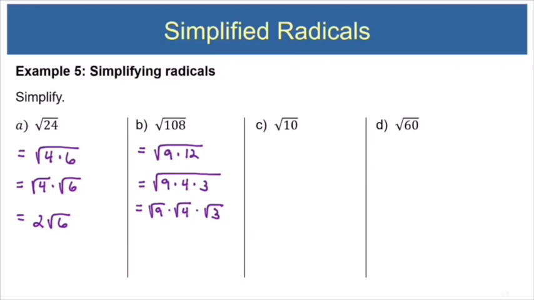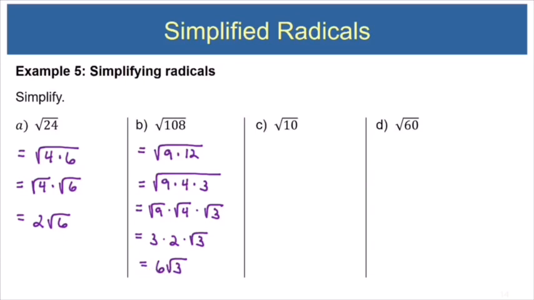The square root of 9 is 3, and the square root of 4 is 2, and the square root of 3 is not a whole number, so that number will stay under the radical. Okay, so now we have 3 times 2 times square root of 3, and of course outside the radical 3 times 2 needs to make 6. So our final answer is 6 times the square root of 3.